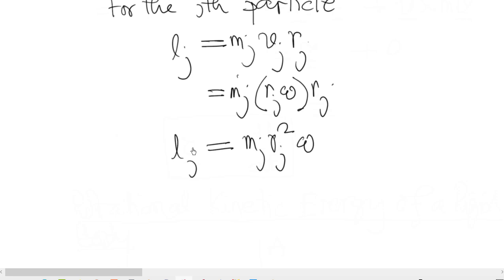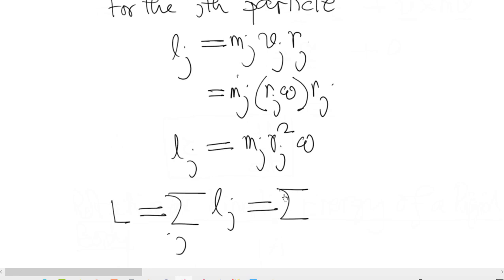And the total angular momentum can then be written as the summation over Lj. So we substitute the value of Lj, which is mj rj square omega, and sum.